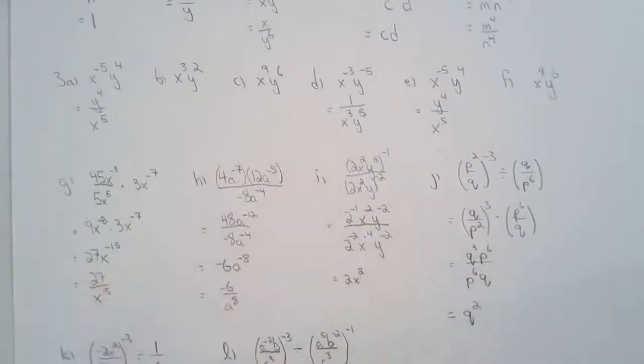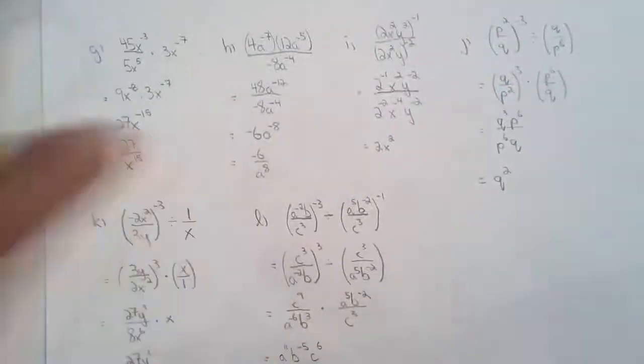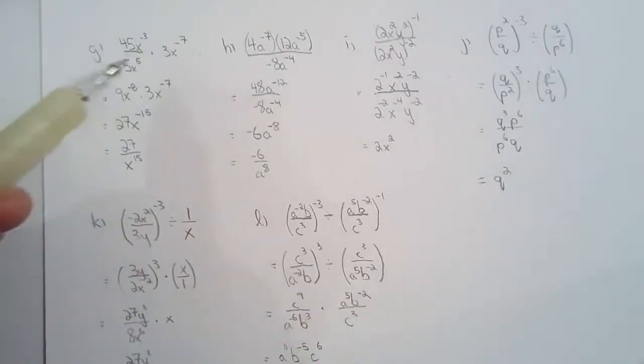Okay, question 3 was the most interesting. G, H, I, J, K, and L were the most interesting. So I'll just run over G, H, I, J, K, L. So first of all, I rewrote it because I didn't like having division and multiplication signs the way they presented in the question.